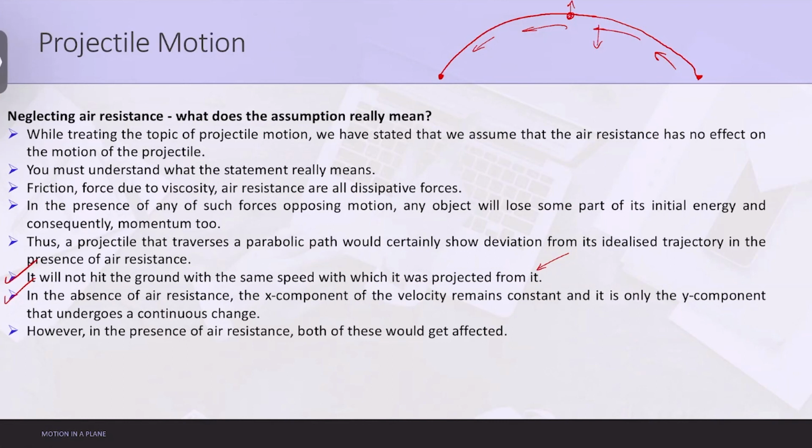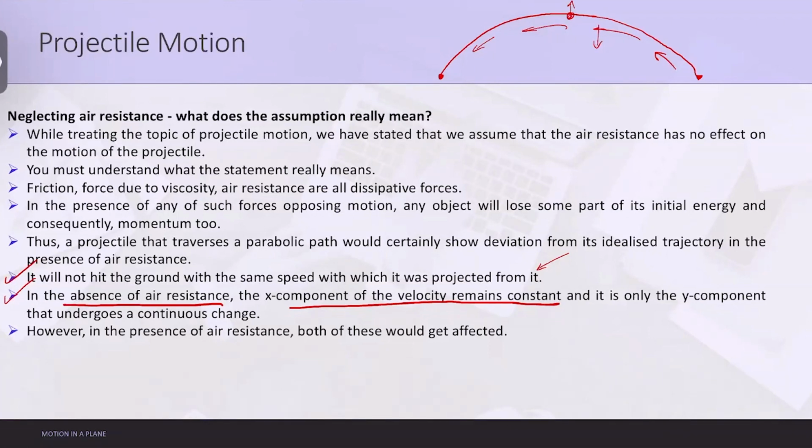In the absence of air resistance, the x component of the velocity remains constant, and it is only the y component that undergoes a continuous change. We have derived this previously: the x velocity was constant, equal to v naught cos theta naught.